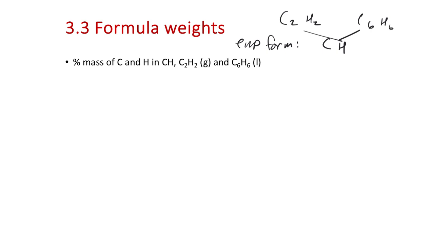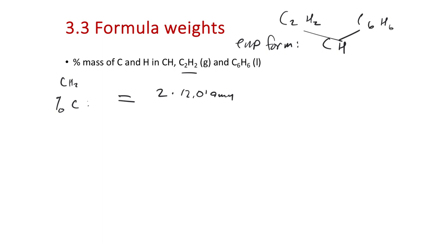So if I start with C2H2 and calculate the percent carbon in the molecule, the percent by carbon would be equal to the mass of carbon in that molecule. If I look at 1 molecule of C2H2, I have 2 times 12.01 AMU due to the carbon. You can use AMU or grams per mole here, it doesn't make any difference.